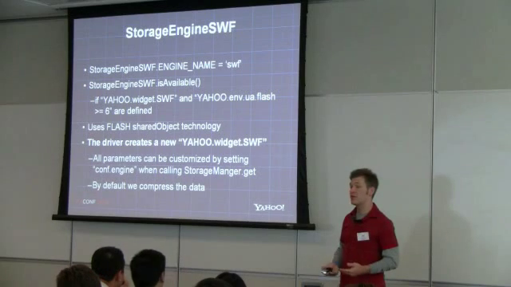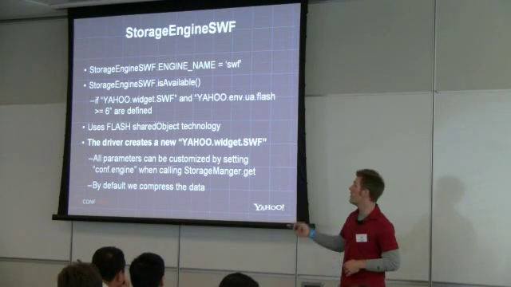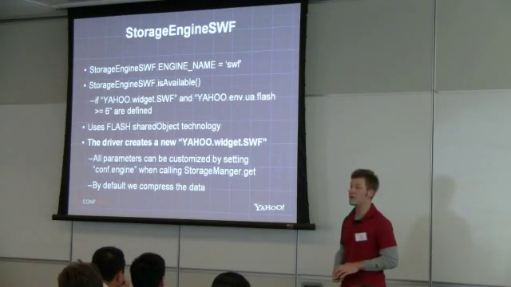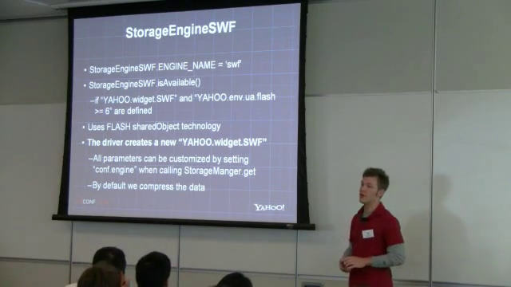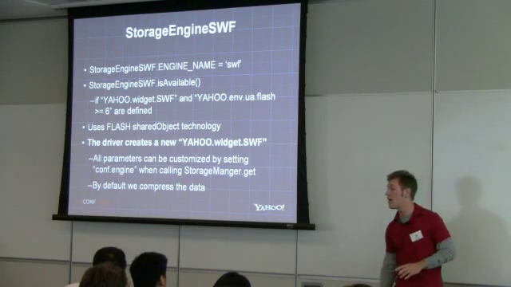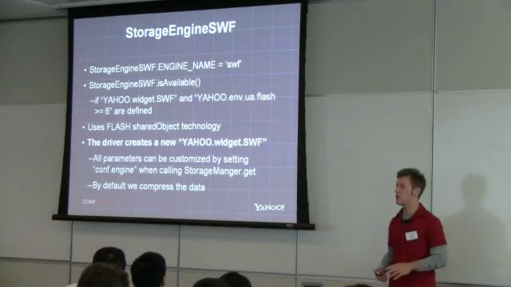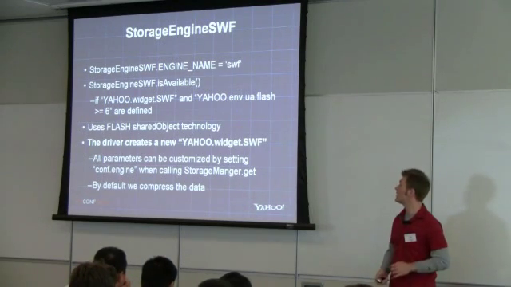So if you expect that you're going to be using a Swift, and you want particular properties to be used, you can pass those through the storage manager get function. And the last thing is we compress all the data by default. The reason we do that is it gives you more space to store in the Swift object than the allocated 100 kilobytes of data, or I guess now it's unlimited data.